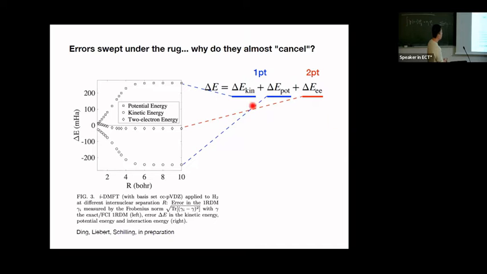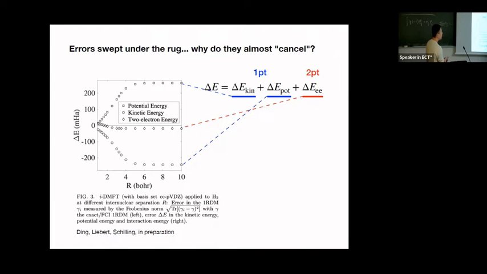And the first 2 are 1 particle quantities. So if you want to really test whether you get the correct 1 RDM, you really need to look at these quantities. And you can see that as you dissociate, these errors actually go quite big. For the 2 particle error, it's maybe slightly above the chemical accuracy. So it's more than a few millihartrees.